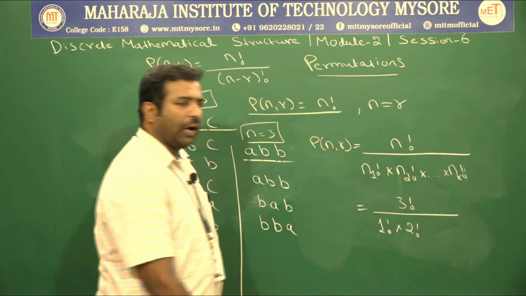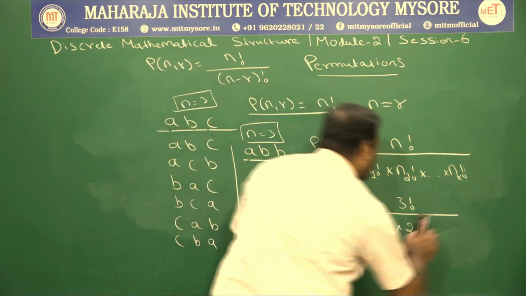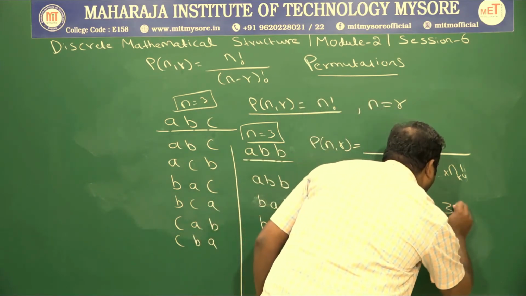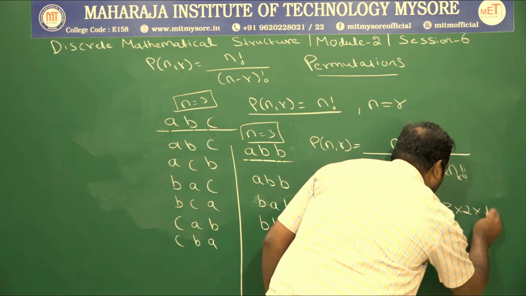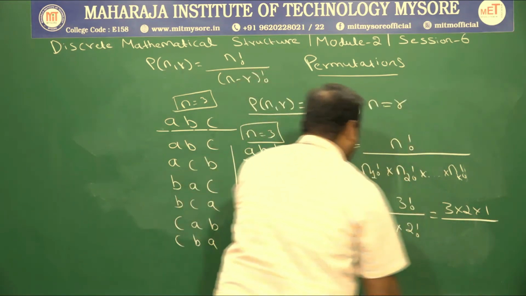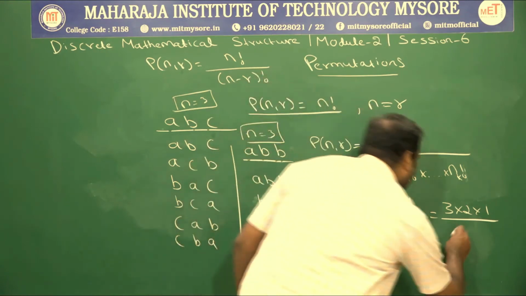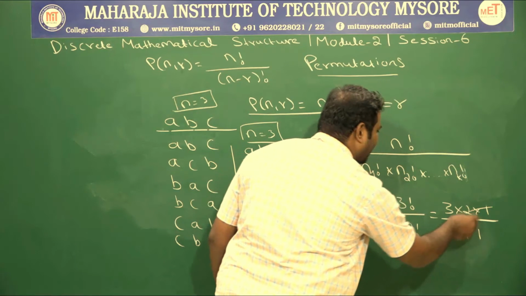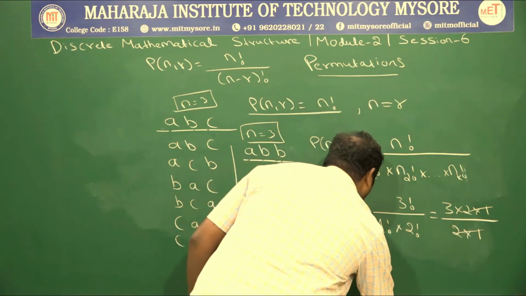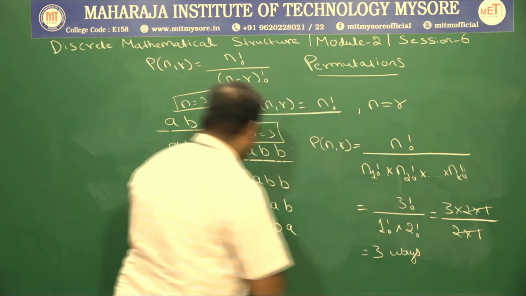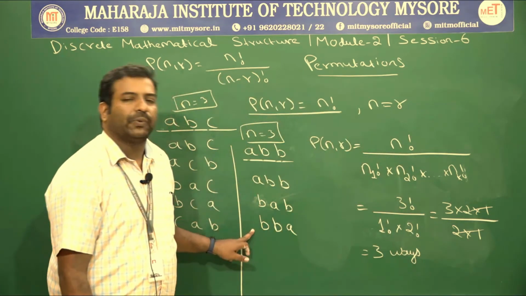And now just look into this way how this is going to solve my problem. So 3 into 2 into 1, which is 3 factorial, divided by 1 factorial, and this is going to be 2 into 1. I will just cancel this 3 and end with 3 ways. Now just look, I am going to have 3 ways only here.